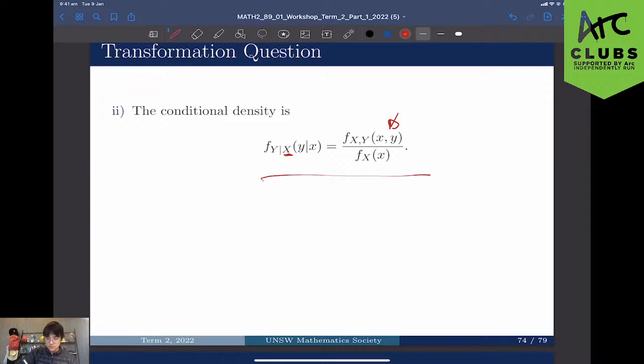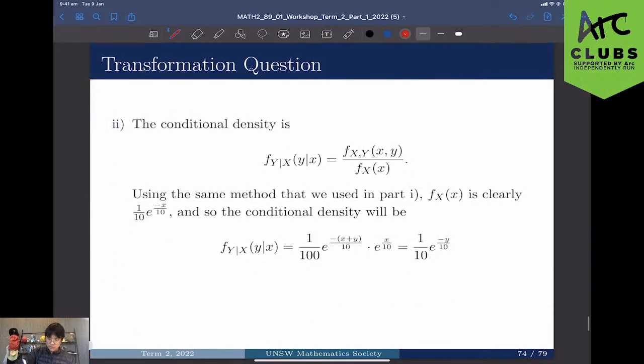The question gave us this. And so we just have to calculate what f_X(x) is equal to. So again, we just use the marginal density function method we've always been doing. And we find that the conditional density is equal to 1 on 10 e to the power minus y on 10.